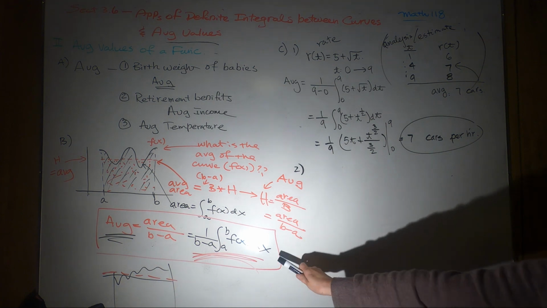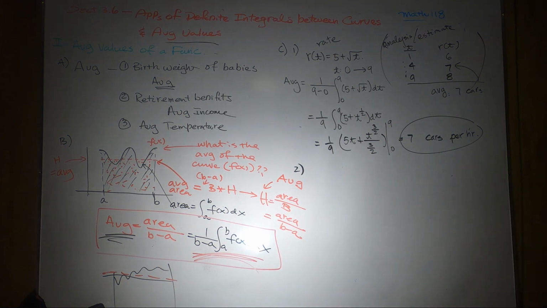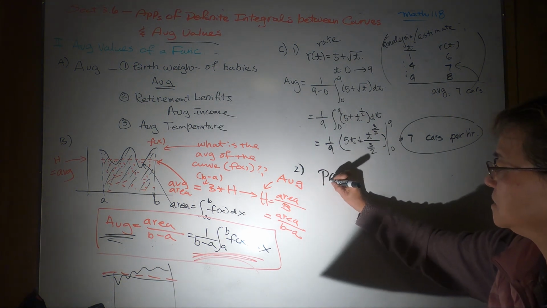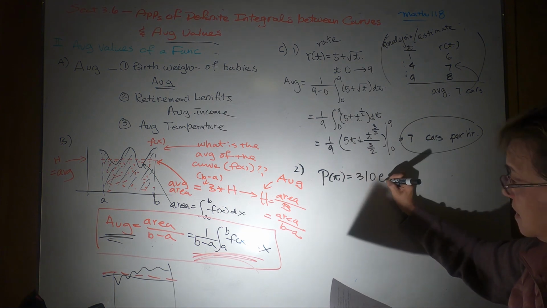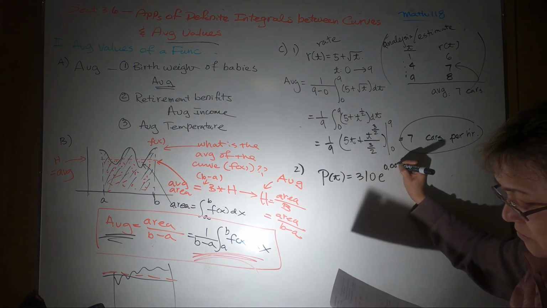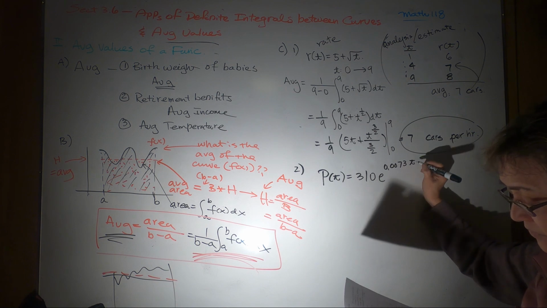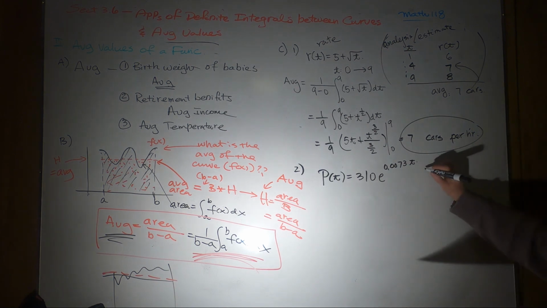Okay, use this formula. Next one, finding average population. It says the population of the US is predicted to be, that's the population according to time, 310e to the 0.0073t, right? Million people.